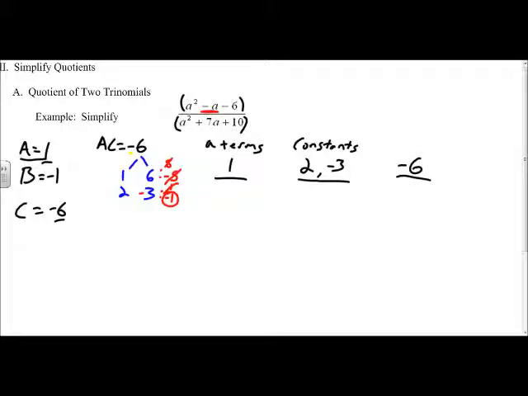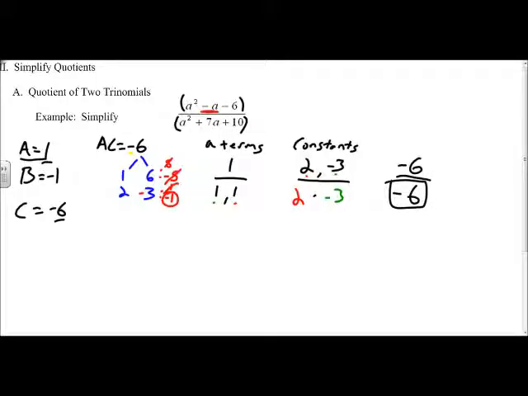The only two factors of 1 are going to be 1 and 1, so it's not going to be too terribly hard to match those up. 2, we'll just match with either one of them. 2 divided by 1 is just 2. And negative 3 matched up with the other one. Negative 3 divided by 1 is still negative 3. And 2 times negative 3 is the negative 6 that we were looking for.